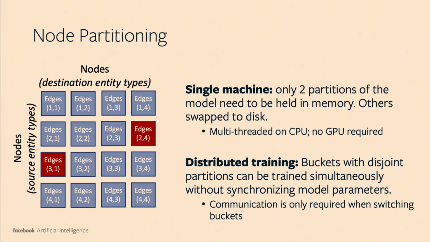And then it also means that you can do distributed training because different buckets that use different parts of the model can be trained in parallel without having to do any synchronization after every SGD step with a parameter server. You can do them almost completely in parallel, and you only have to do communication between the machines when a machine starts working on a different bucket, because then it has to transfer that part of the model from one machine to another.